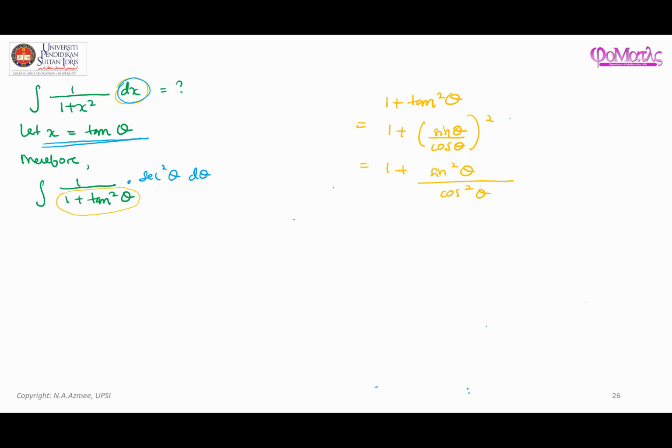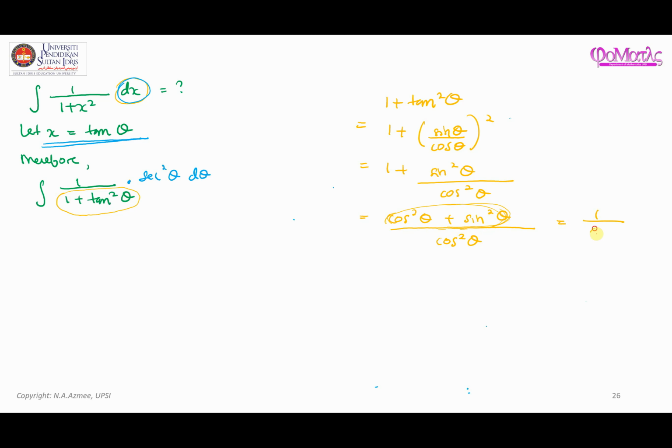And we have learned that in order to do this process, we need to make sure that we have the common denominator at the bottom. So here we've got cosine squared theta. At this part here, we will have cosine squared theta plus sine squared theta. Then we can use the common trigonometric identity, and this is equal to 1.